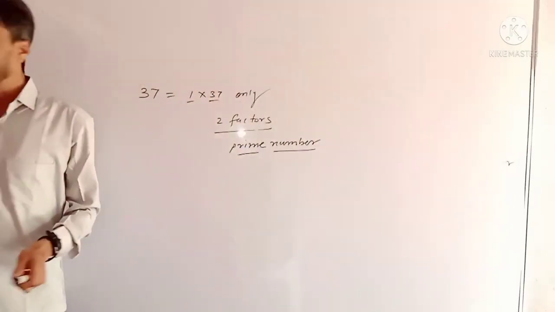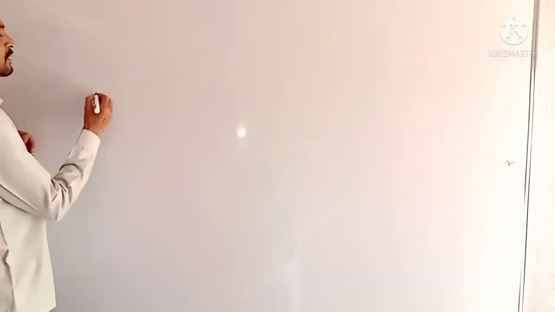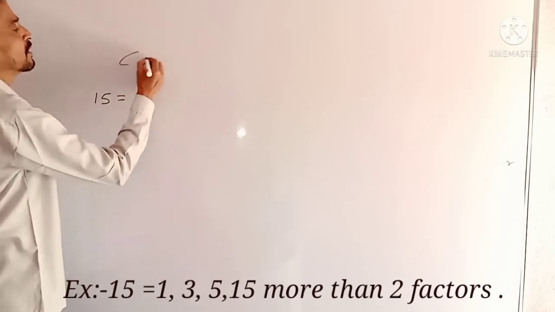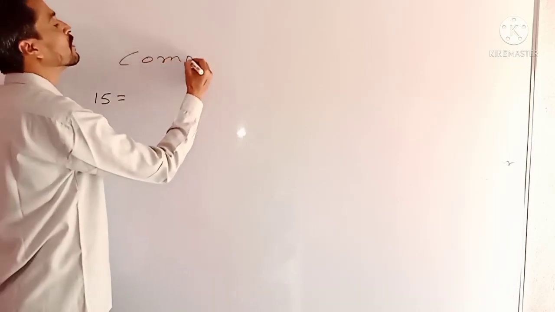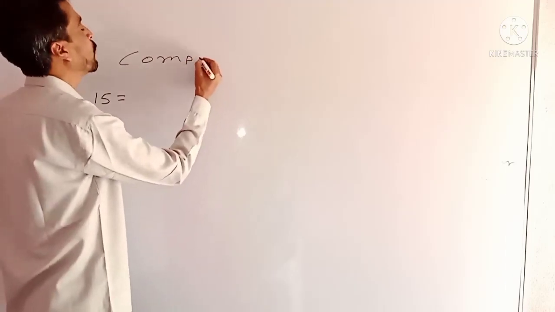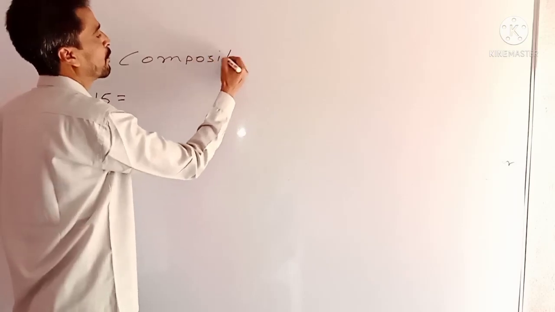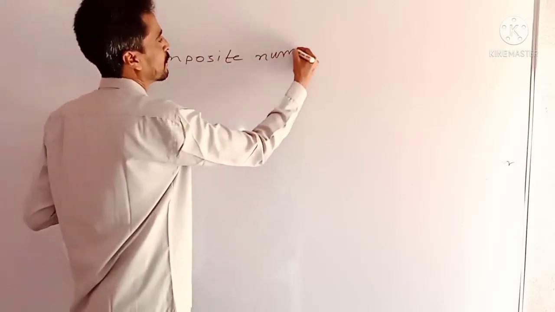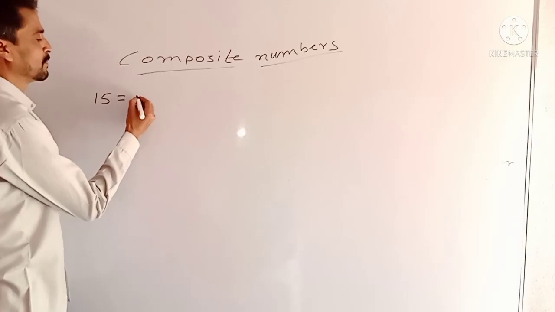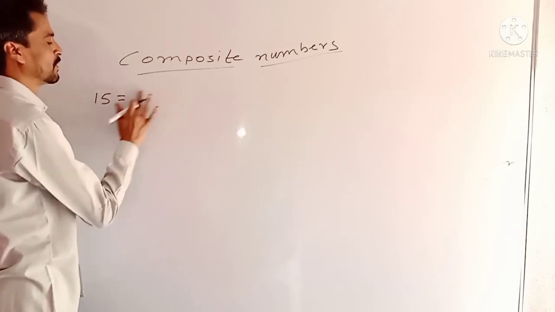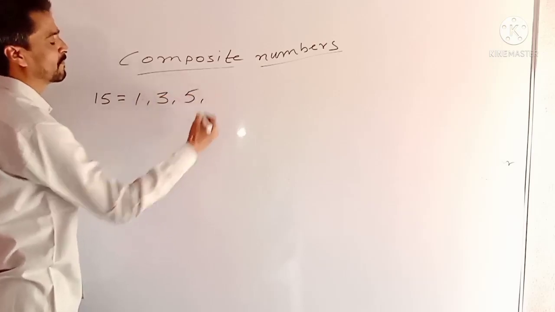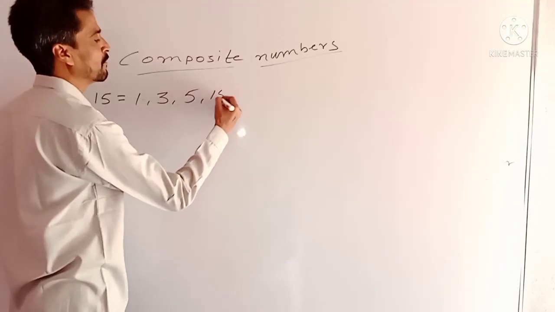Now let's see an example of a composite number. Here the example is 15. 15 is divided by 1, by 3, by 5, and by 15.